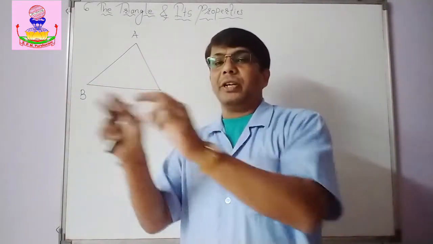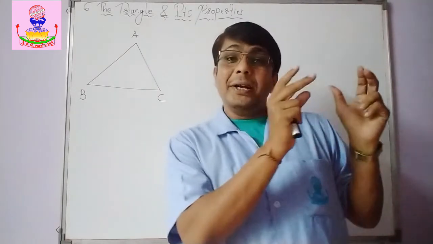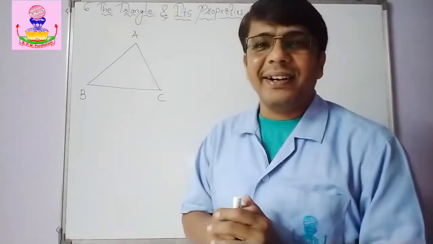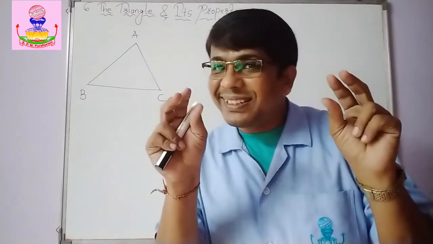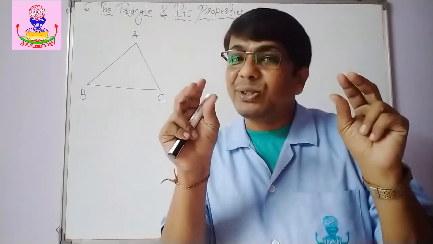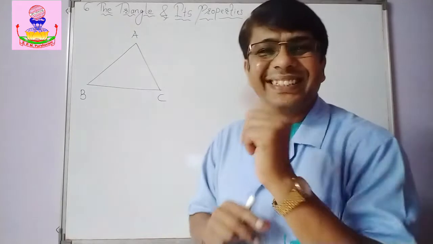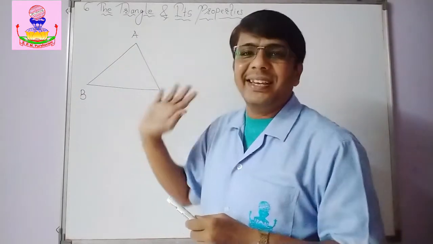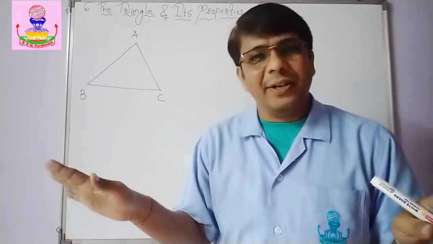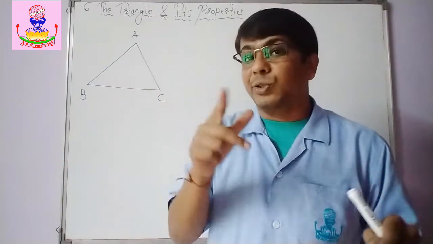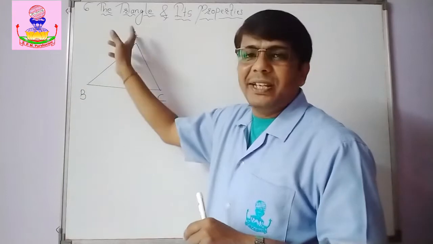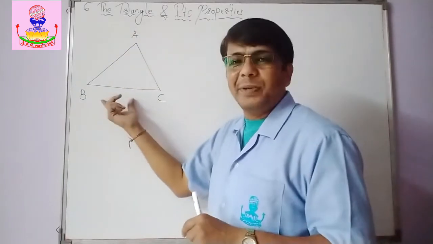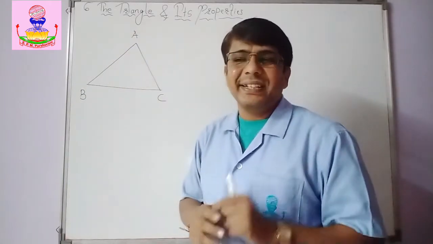Or Sajini Didi Parulekar or Parulekar Sajini Didi. Are these 2 different? No, they are not 2 different girls. They are one and the same. Right? Same way, segment AB or segment BA. They are same. So naming can be done for segments in 2 ways. So AB or BA. This is one segment. Segment BC and segment AC.